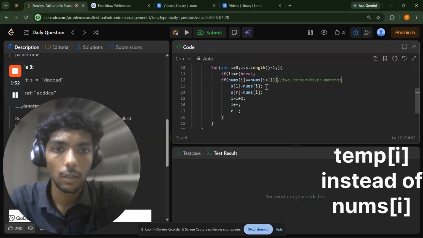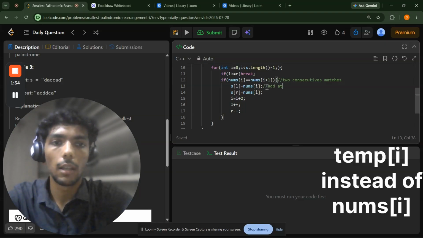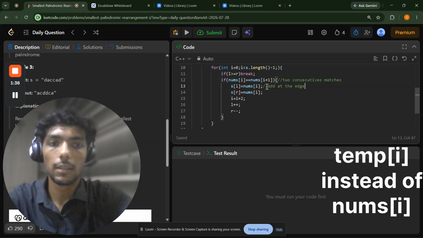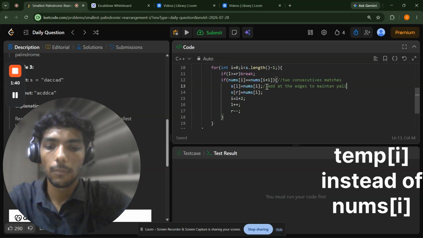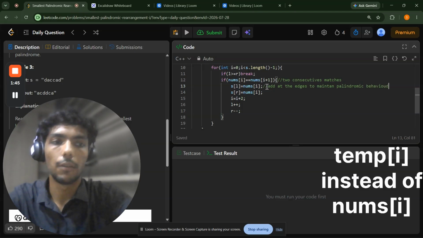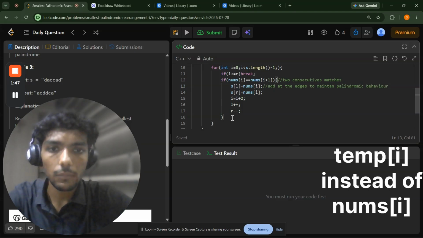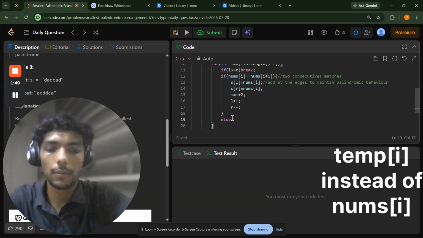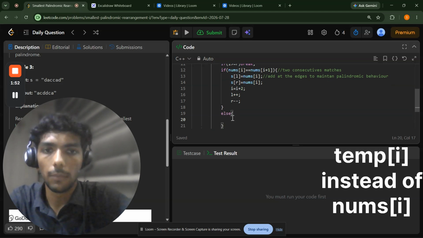So we add at the edges to maintain palindromic behavior. Okay, if that's not the case, it means they are not equal.